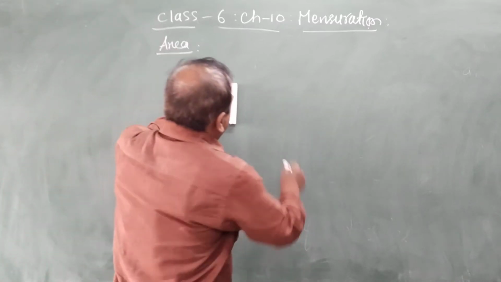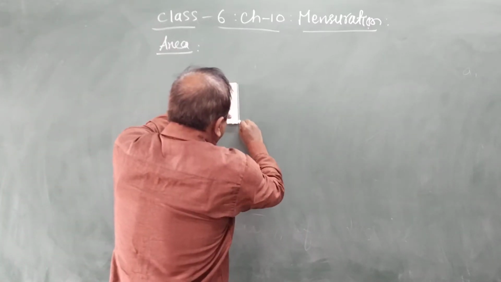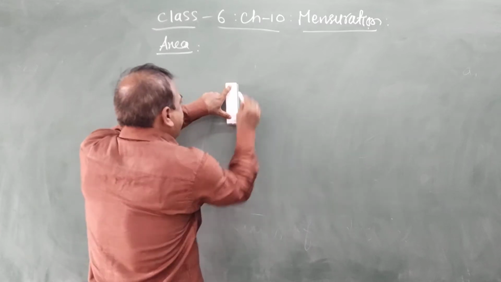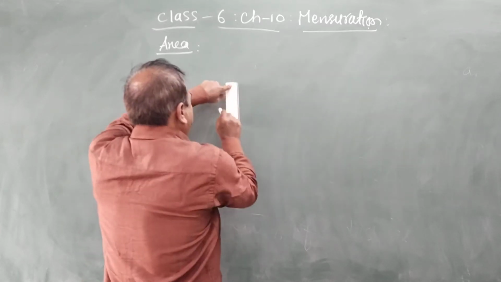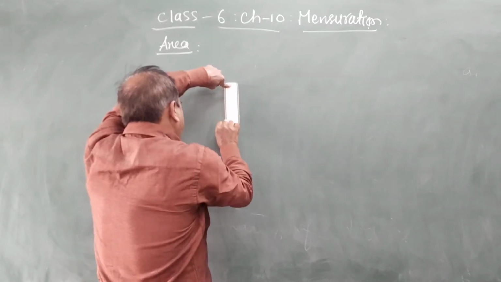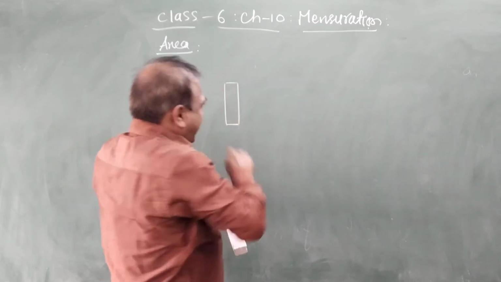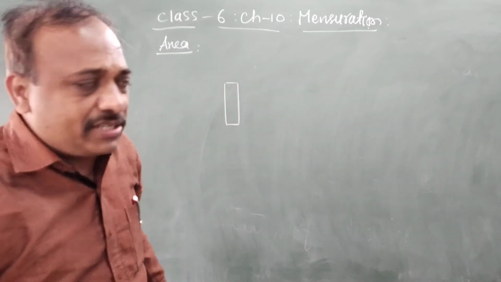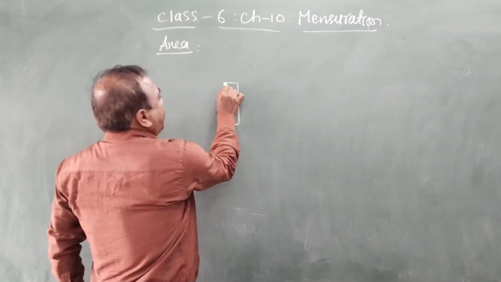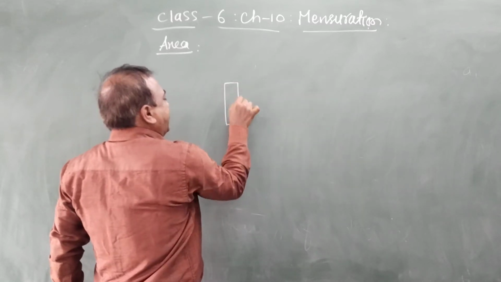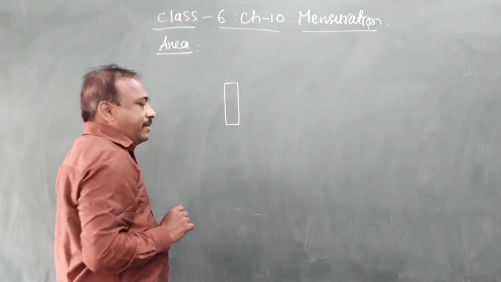When I trace it out, you get a closed figure which is a shape. This is the shape when I traced the outline.